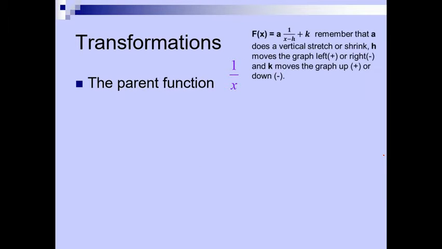Okay, so if we have the parent function, please remember that we could show the transformation as a over x minus h plus k. Remember, a does a vertical stretch or shrink, h moves the graph left and right, and k moves the graph up for positive or down for negative.